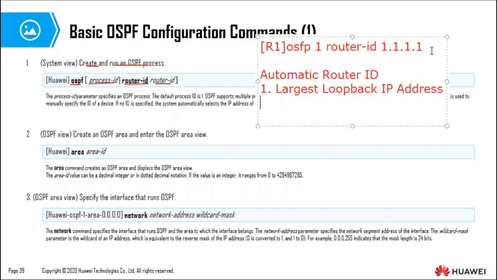So this is how OSPF uses the loopback addresses. Because the router ID has the same format as an IP address, it simply picks the largest among the loopback addresses. Otherwise, it picks the largest physical interface IP address. So that's how it's going to happen if you don't configure the router ID. But it is recommended that you configure the router ID manually.